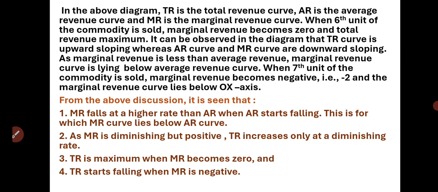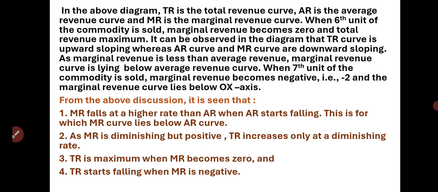When the 7th unit of the commodity is sold, the marginal revenue becomes negative, that is -2, and the marginal revenue curve lies below the x-axis. The marginal revenue curve lies below the x-axis when it becomes negative. So from the above discussion, we found some relationships between TR, MR and AR.